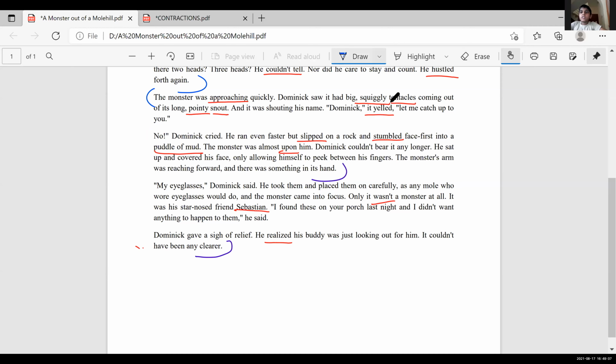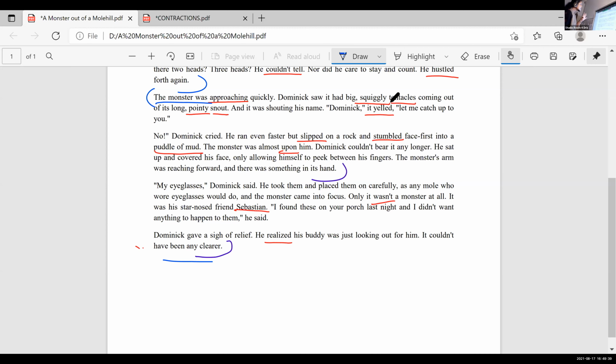From the monster was approaching quickly till have been any clearer. The monster was approaching. Approach. David, just repeat after me, okay?